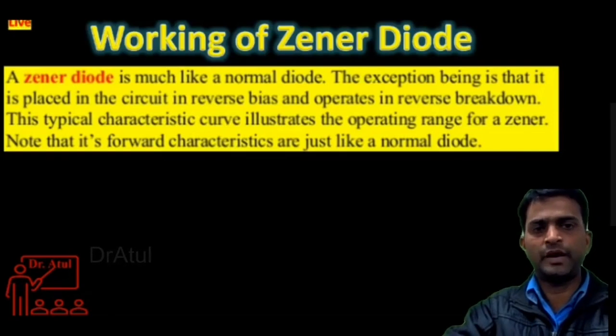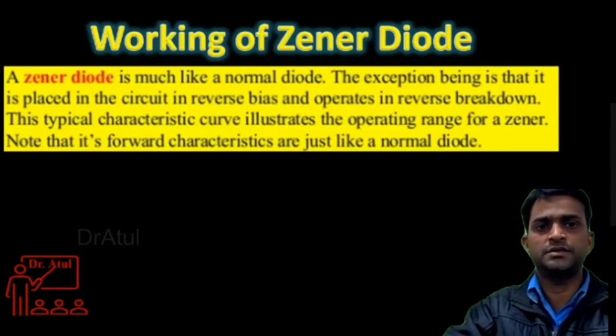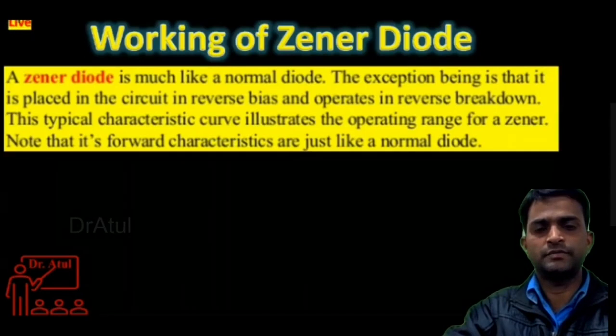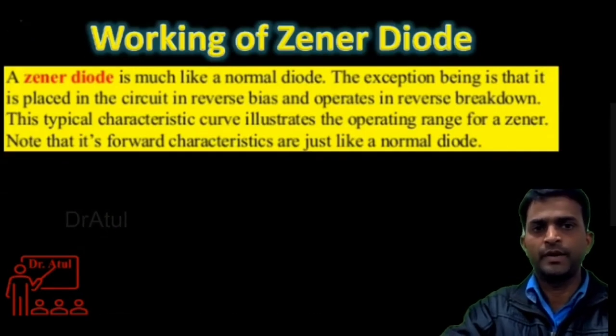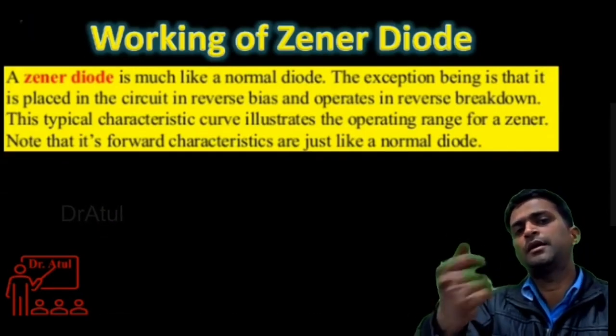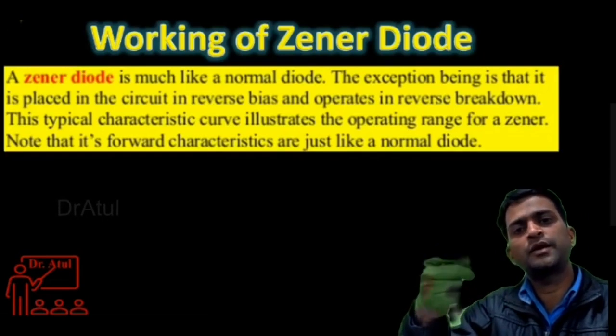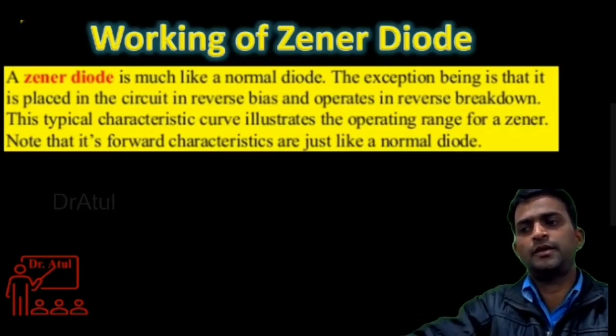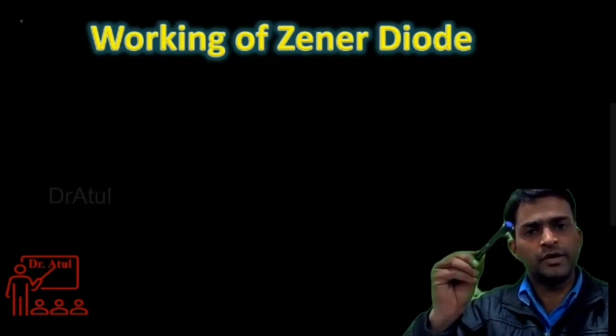Before applying a certain voltage to a Zener diode, you must check the data sheet to see up to what value the diode can bear. That must be known beforehand, and only then should you apply a particular voltage.